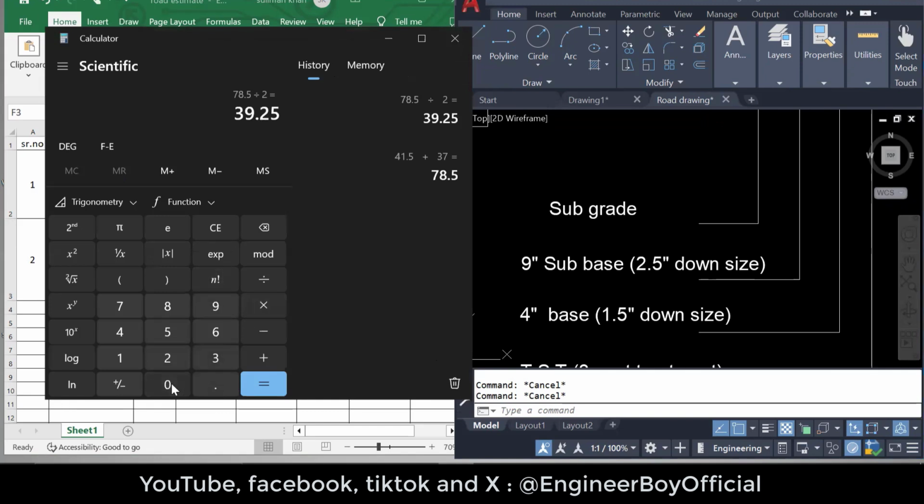Now 9 inches means 0.75. And it means we will just add half of the depth as extra because after compaction, we lose some depth. So we should have compaction factor over here.